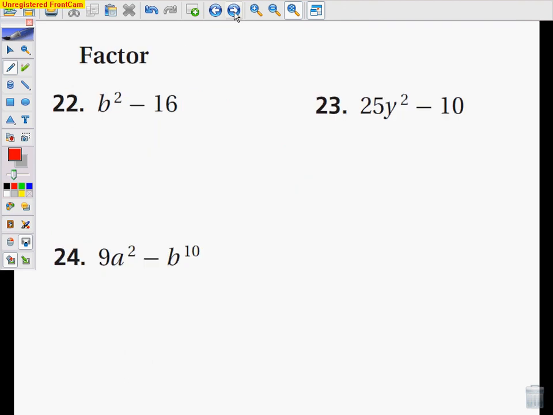Moving on, number 22. The pattern you're looking for in these problems when you have just two terms, specifically, is the difference of two squares. The difference of two squares pattern. And the pattern goes like this.